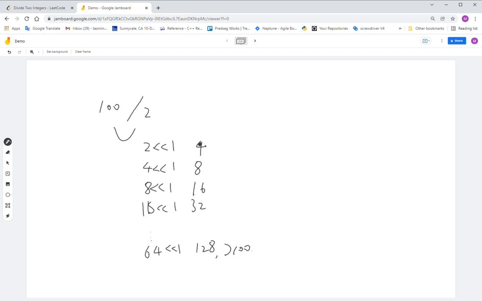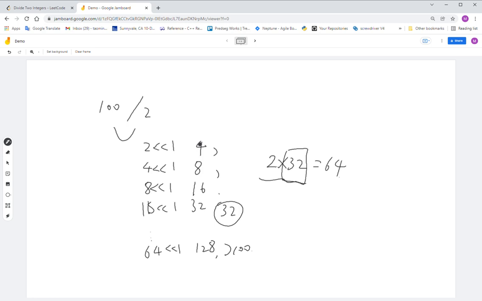So we move, this is 1, 2, 3, so we have 32, right? So this means 2 times 32 equal to 64. Okay, we get the 32.